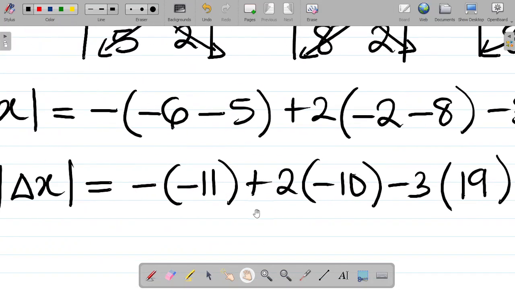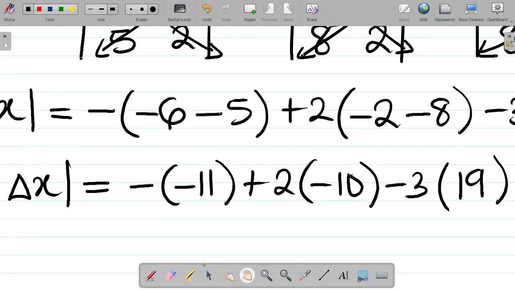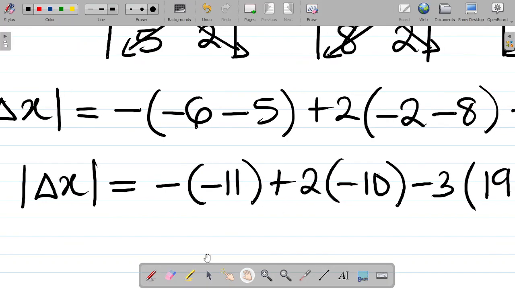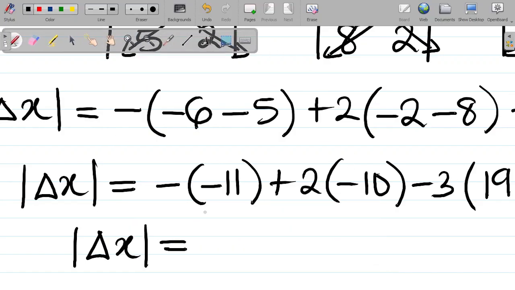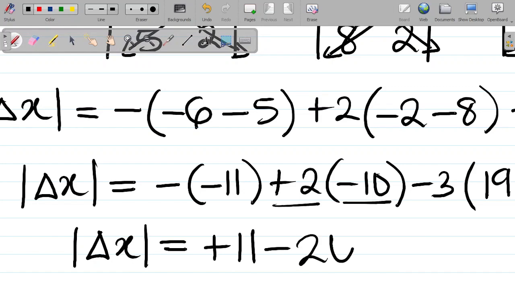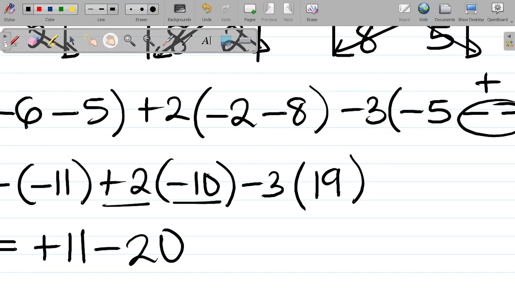Let's proceed with this. So from here I have that determinant of lambda x is equal to, all right, minus 11 gives you plus 11. Plus 2 times minus 10 gives you minus 20. And then finally you have minus 3 times 19.